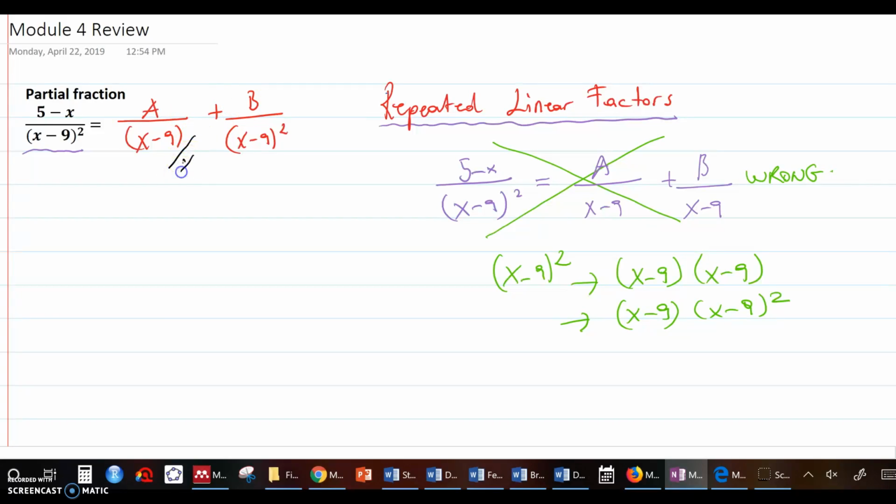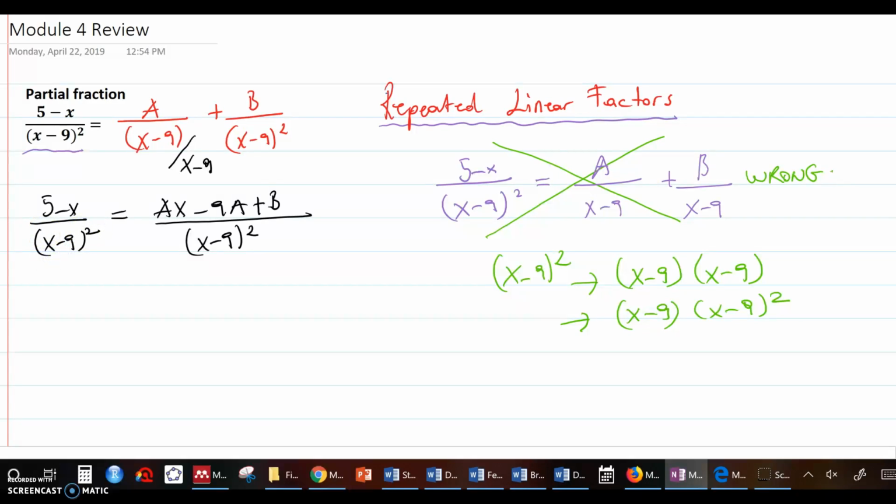Then you need to multiply this term by x minus 9, and that's what's going to happen. ax minus 9a plus b will be equal to, over x minus 9 squared, and on top you have 5 minus x over x minus 9 squared.